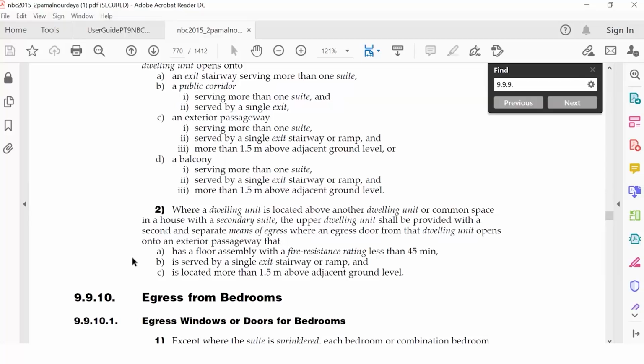So if one dwelling unit is located above another, or above a common space, in a house with a secondary unit, then the dwelling unit above needs a separate means of egress going through an exterior passageway, or one that is protected from the floor assembly and from the area below.